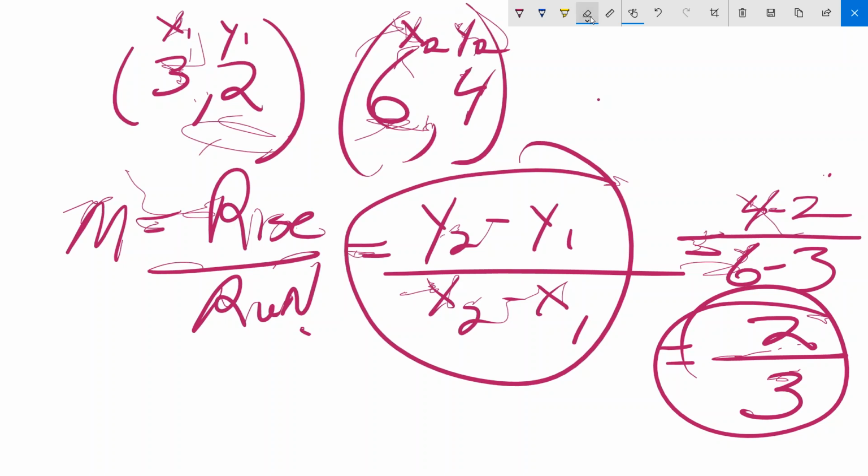Let me put a negative sign in front of one. What I'm asking is if it's y2 minus negative y1? It's always y2 minus y1. If y1 is negative, then you put in a negative number. I'm going to give you some with a negative number, okay?